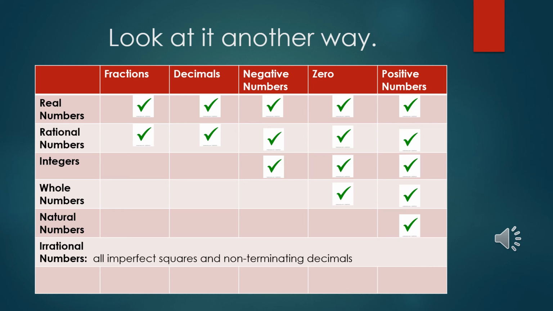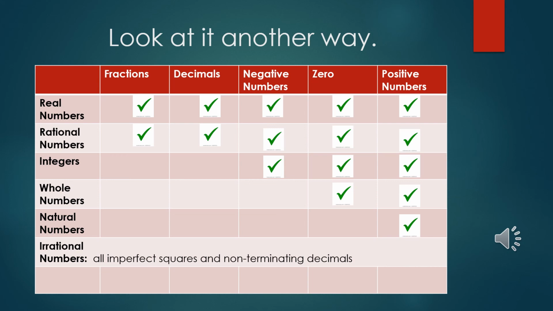Rational numbers are fractions, decimals, negative numbers, 0, and positive numbers. Integers are negative numbers, 0, and positive numbers. Whole numbers include 0 and positive numbers, and natural numbers only include positive numbers.